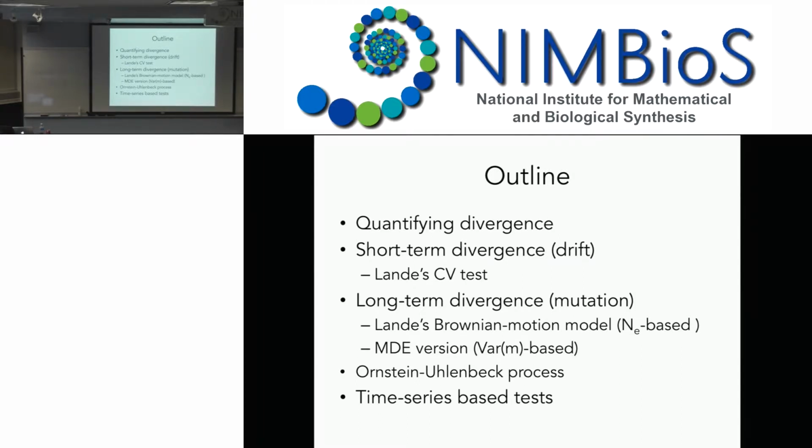I want to talk about something called an Ornstein-Uhlenbeck process. Basically, it's Brownian motion with a rubber band pulling you back to a value. It's a model of stabilizing selection with drift. Then I want to talk about time series-based tests, and then finally apply all these to things like gene expression data. Okay? So now we're actually getting into the actual subject of the course.